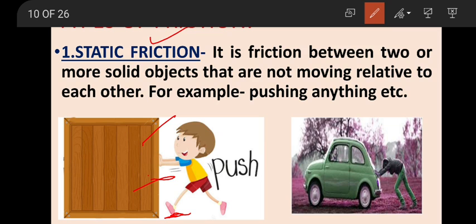It is the friction between two or more solid objects that are not moving relative to each other, but we are trying to overcome that friction existing between the two objects at rest. So static friction lies between the object at rest and the surface on which it is lying.